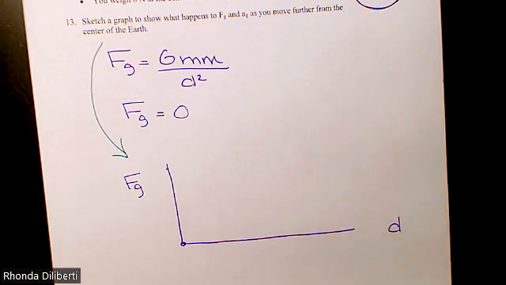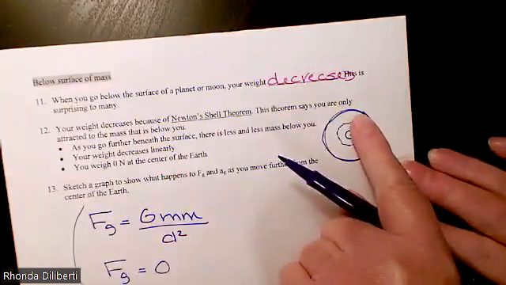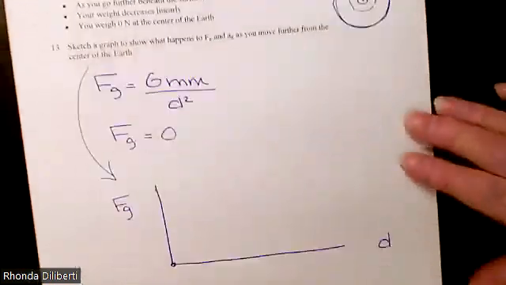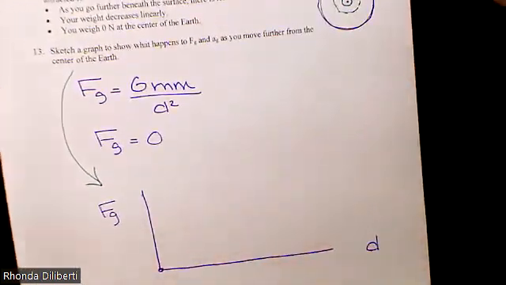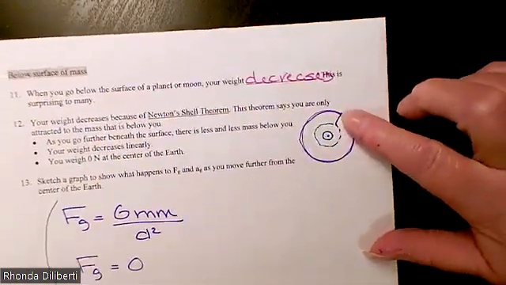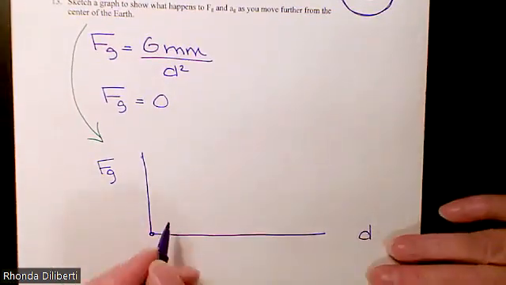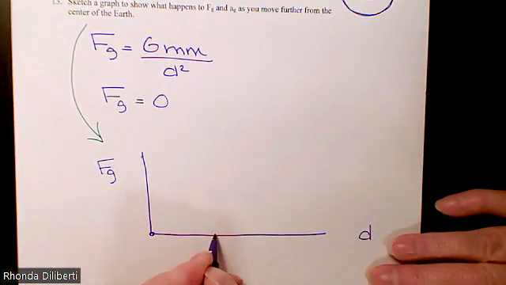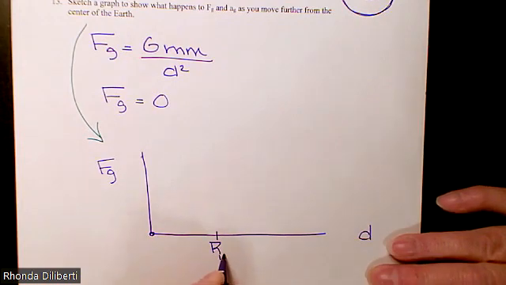You are going to weigh the most when you are on the surface of the Earth. When you're at the surface of the Earth, how far are you from the center of the Earth? That would be equal to the radius. So I'm going to put that here. I'm going to go out about this far, and I'm going to call this the radius of the Earth.